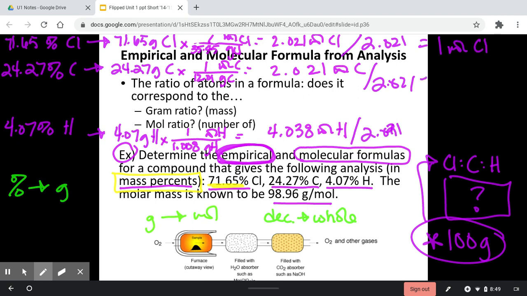So I'm going to divide them all by 2.021. And what that does is it gets at least one of them into a whole number. And in this case, it actually gets two of them into a whole number. Now this one down here, 4.038 divided by 2.021.